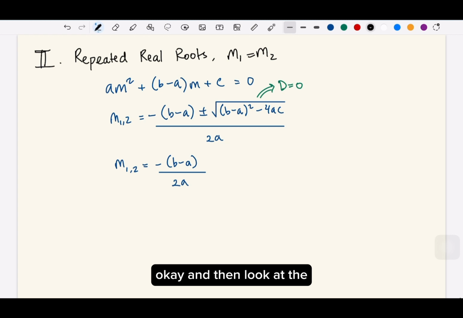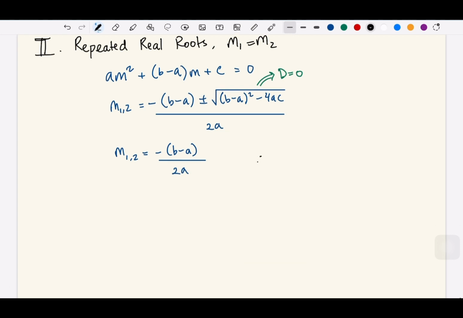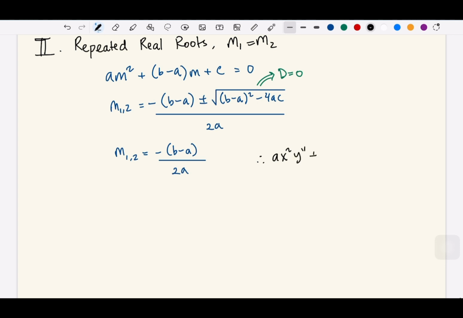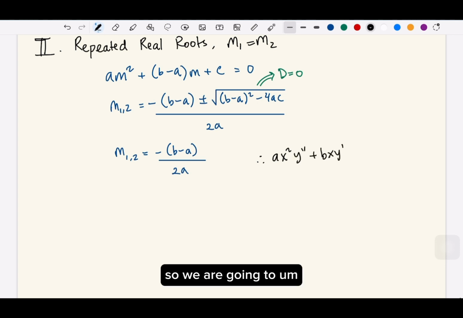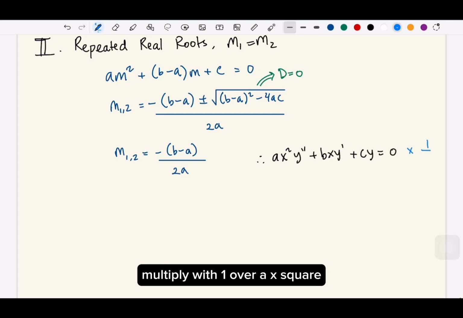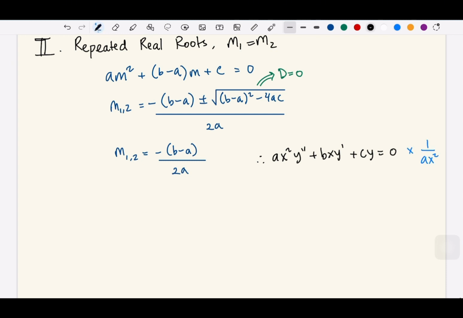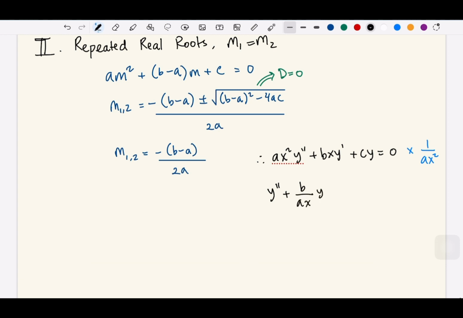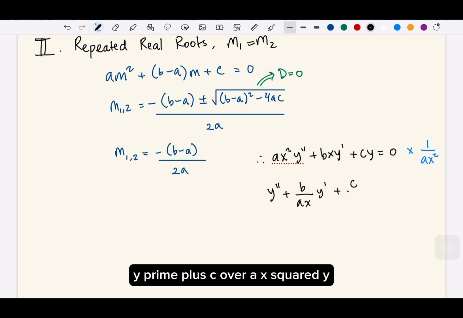And then look at the Cauchy-Euler expression. We are going to manipulate this expression and rearrange. We multiply by 1 over ax squared. So we will have y double prime plus b over ax y prime plus c over ax squared y.